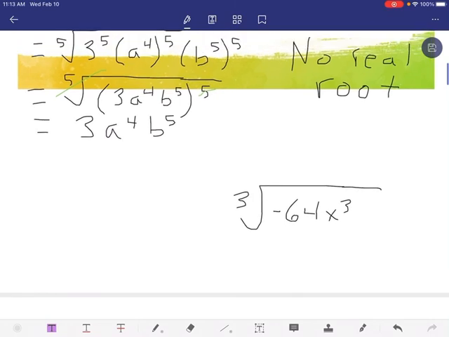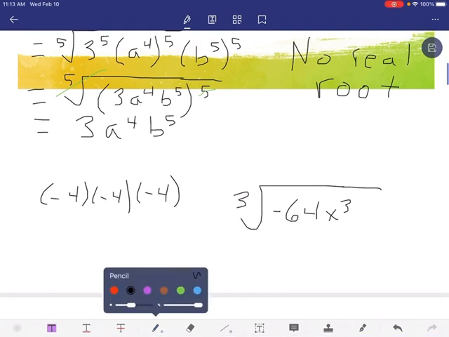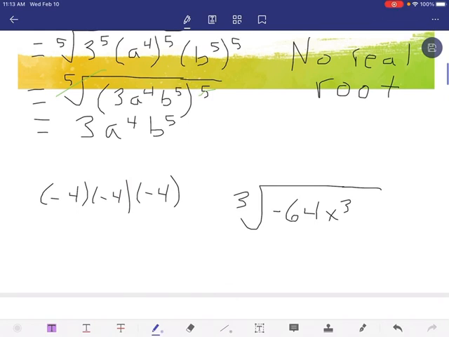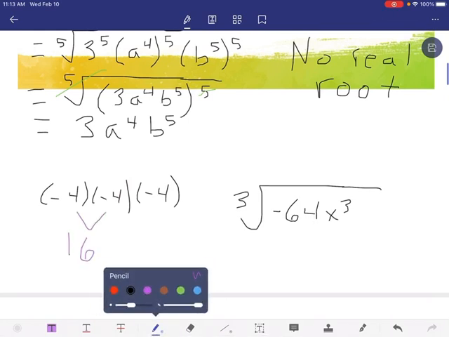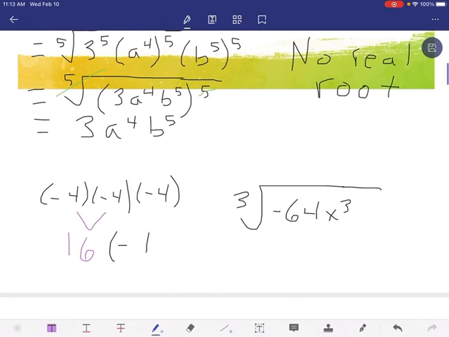Well, if I think about it, I'm talking about multiplying negative 4 together 3 times. So negative 4 times negative 4 would give me a positive 16. And then we would still be left with 1 negative 4. Well, now notice 16, which is now positive, times a negative 4 gives me a negative 64.